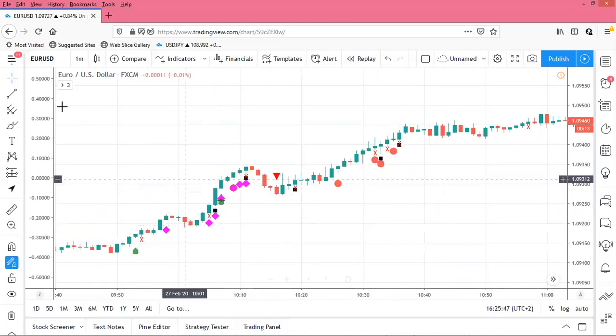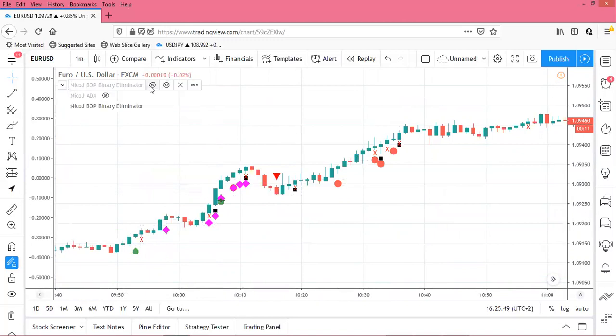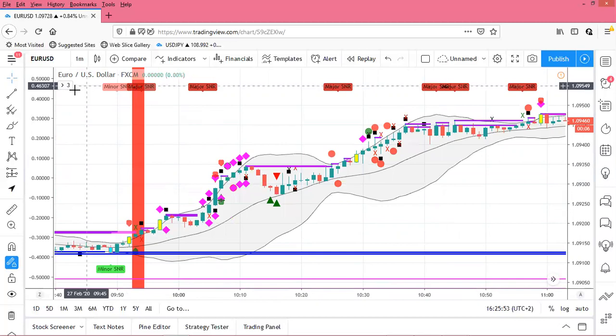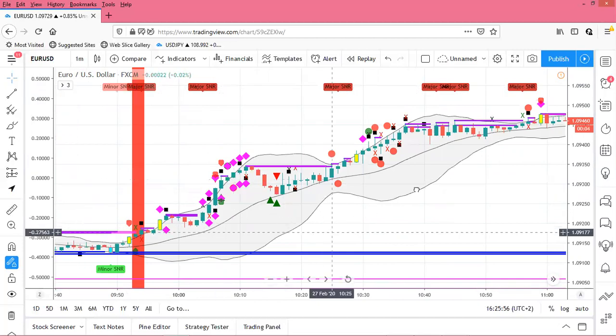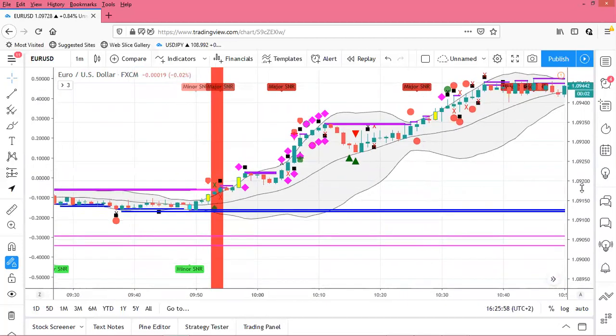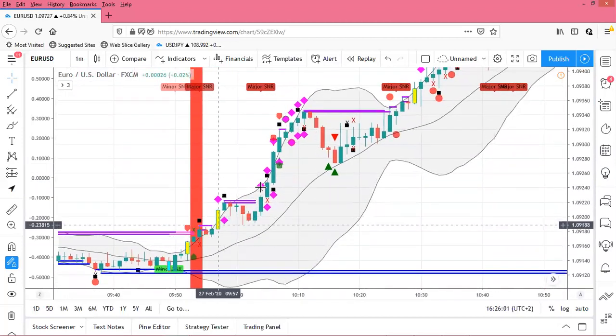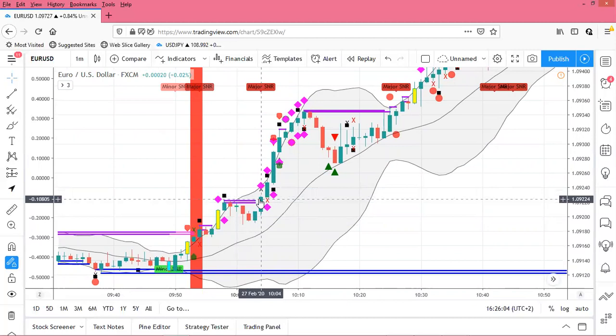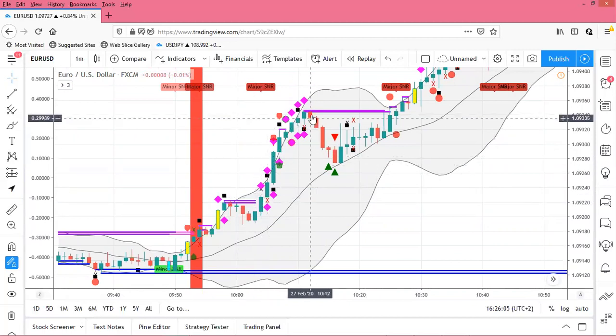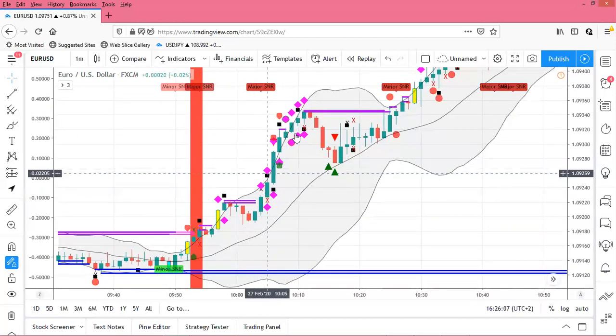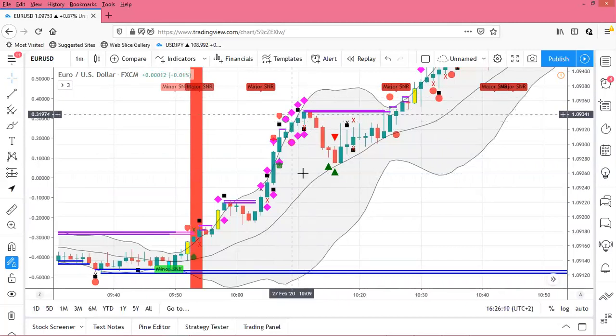The previous version really needs someone who's emotionally and psychologically stable. Because what happens most of the time is you would take a reversal trade, round about there, right? And this thing keeps going up. Psychologically, you're telling yourself, it's still going up, it's gonna come down, it's gonna come down.